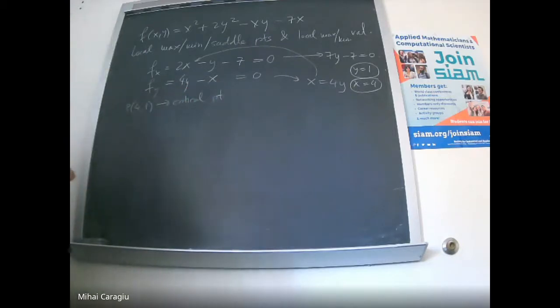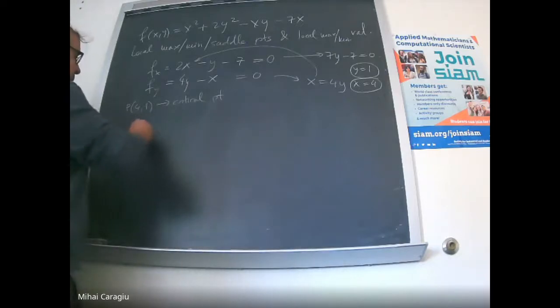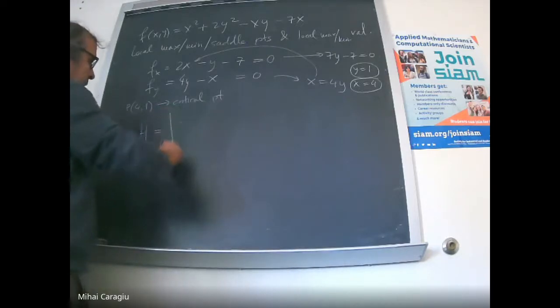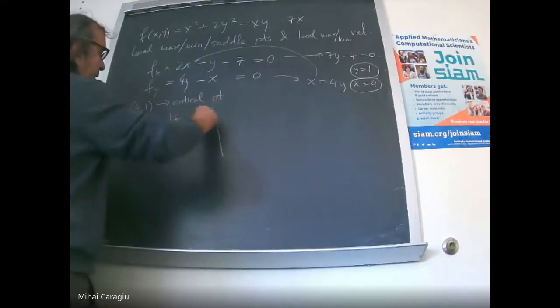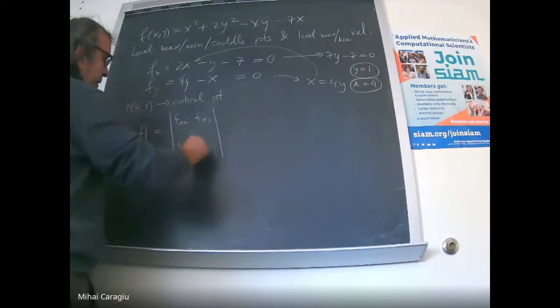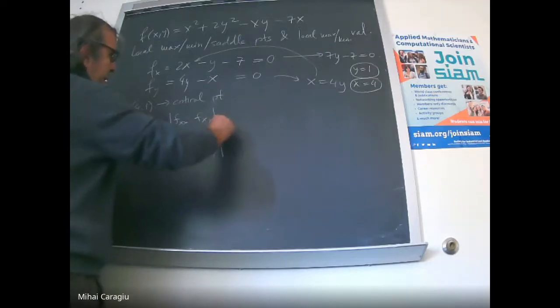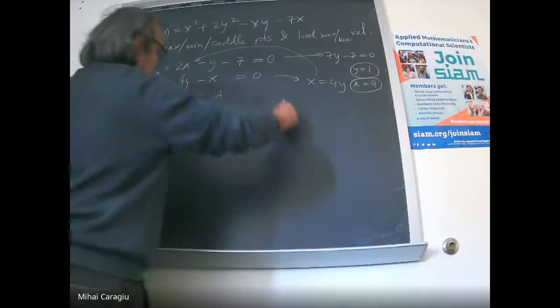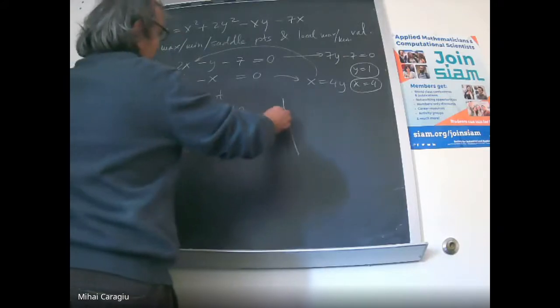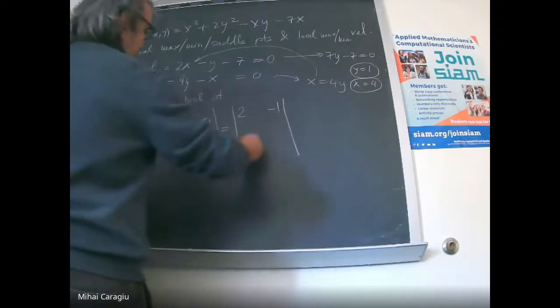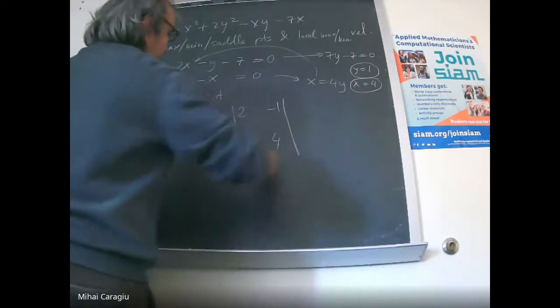One critical point. Okay, so now let's apply the second derivative test to see whether it's a local maximum, minimum, slash saddle point. So the Hessian determinant, like we discussed in class, is the determinant of fxx, fxy, fyx, fyy. fxx is 2, fxy is minus 1, fyx is minus 1, fyy is 4.